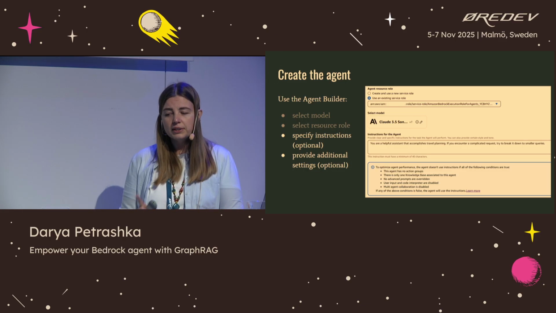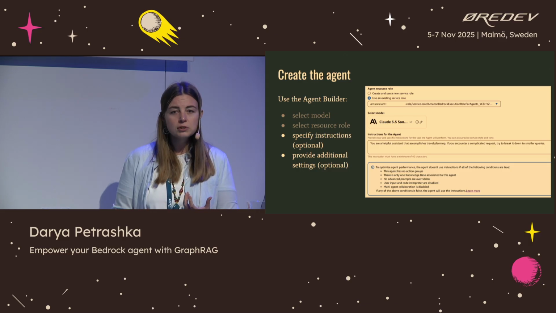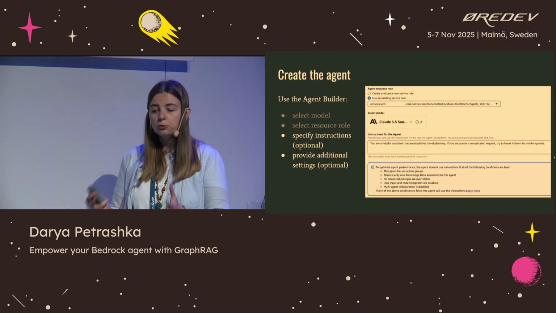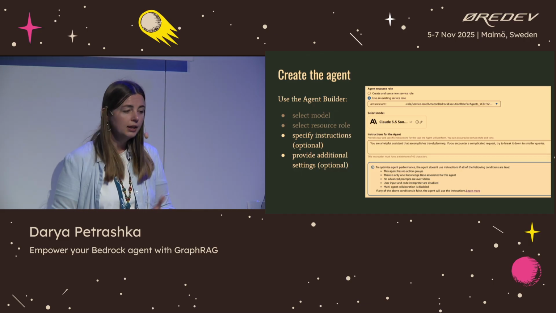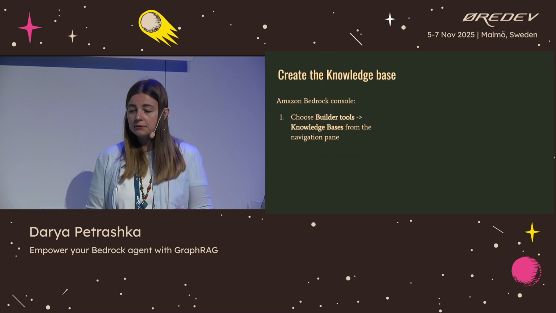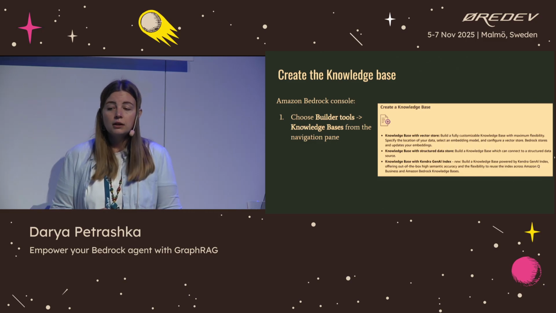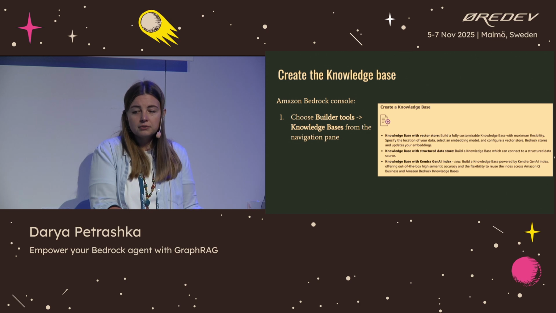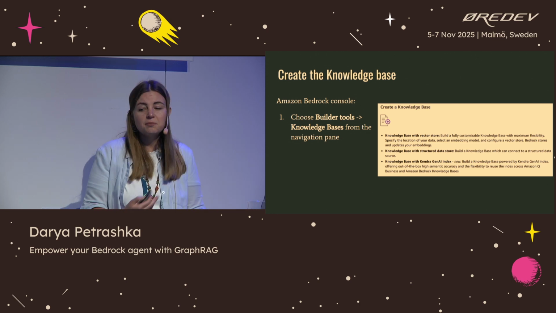In that setup, they won't be used, but you still need to place something as a placeholder for basic instructions. There are a couple of additional settings, which are also optional. And then our agent is already here, but it is pretty basic.